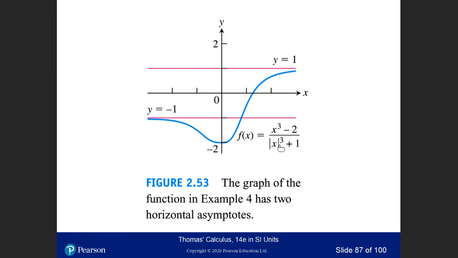If I divide by the absolute value of x cubed, this one and this one will go to 0 as x goes to minus infinity. And here we have minus 1. So there are two horizontal asymptotes for this function. One is y equals 1 as x goes to infinity. The other is y equals minus 1 as x goes to minus infinity. So this function has two horizontal asymptotes.